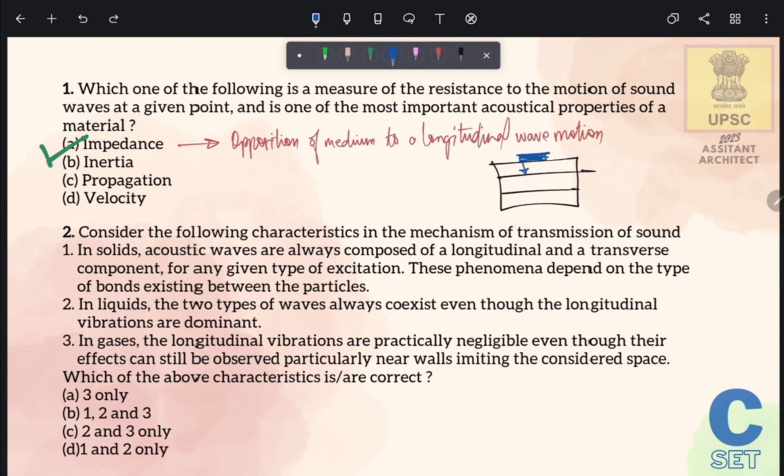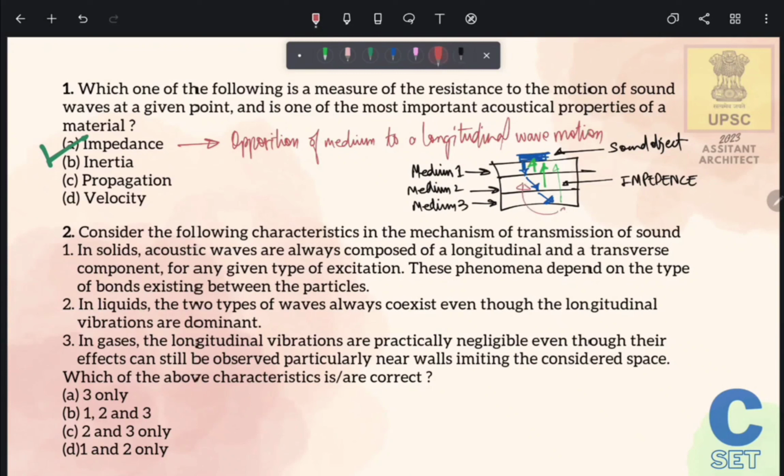So when sound waves or ultrasound travel through this medium, some amount of wave will return back to the object and some sound will travel to another medium, and again some sound will return back and it will travel to another medium and some sound will return back, and these waves are known as impedance. This is sound object, this is medium 1, this is medium 2 and this is medium 3, and these blue lines are sound wave or ultrasound.